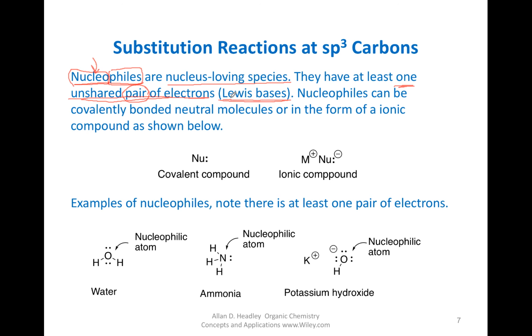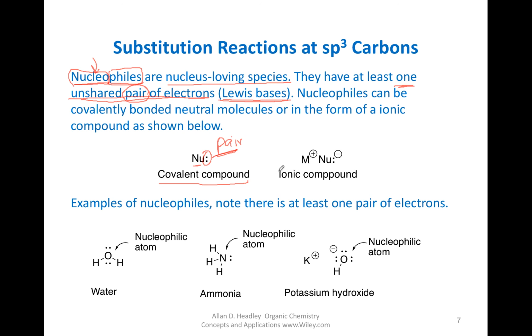The Lewis base is an electron pair donor. So Lewis base is a synonym for a nucleophile. So here's a general example of a nucleophile. We represent it as Nu, but here is one unshared pair. Keyword here is pair of electrons.